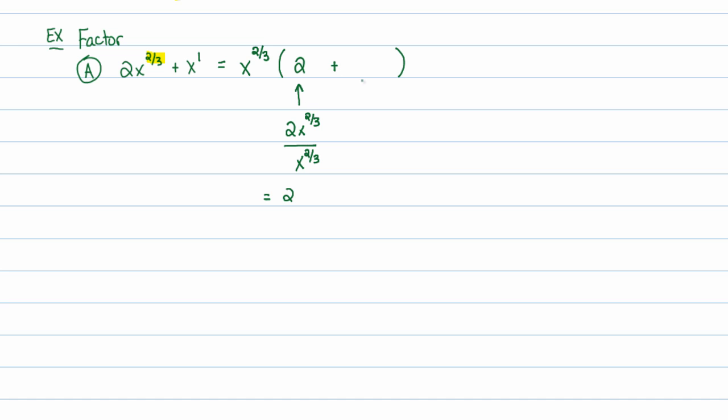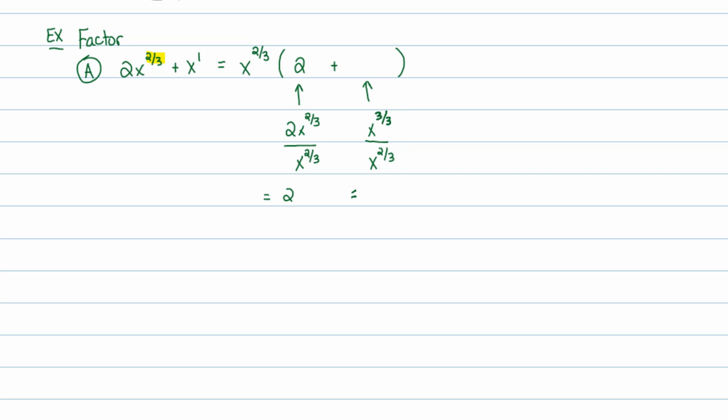Plus, in this spot, the term was x to the first. And we are factoring out x to the 2/3. Well, let me just convince you here. x to the first is the same thing as saying x to the 3/3. So if I have x to the 3/3 on top, x to the 2/3 on the bottom, who wins and by how much? The top wins.